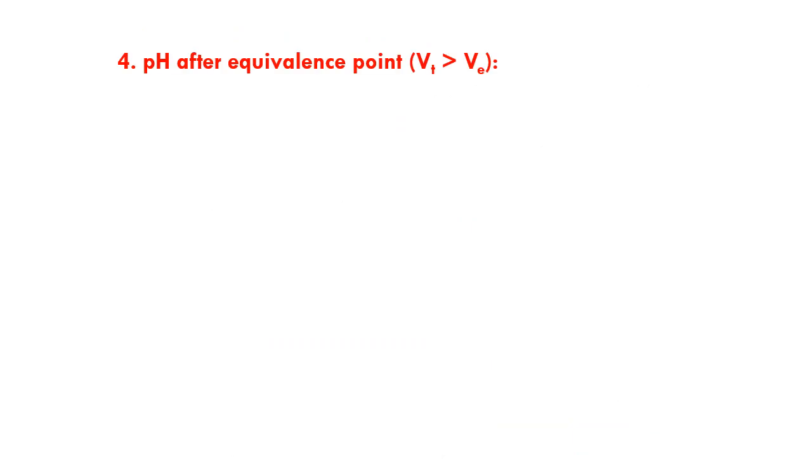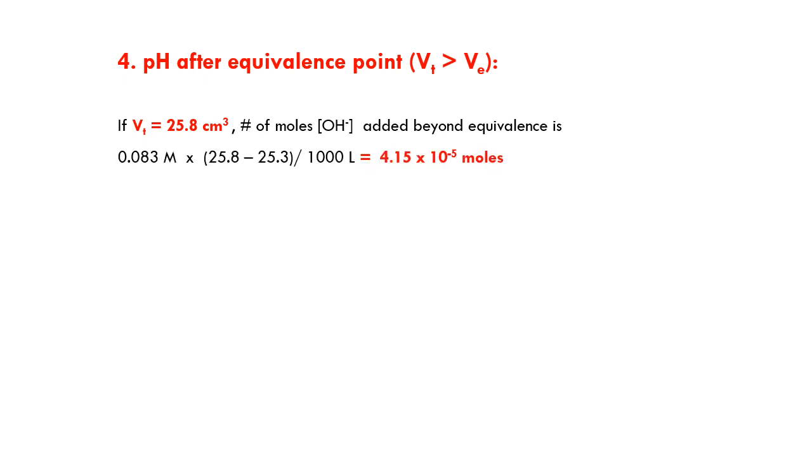Now, after the equivalence point, this is when we've added more base than we actually need to neutralize our acetic acid. For example, if our titrant volume is 25.8 centimeters cubed, first we can figure out the number of moles of hydroxide ions that were added beyond the equivalence point. We can do this by doing concentration of our base multiplied by the volume that was actually added.